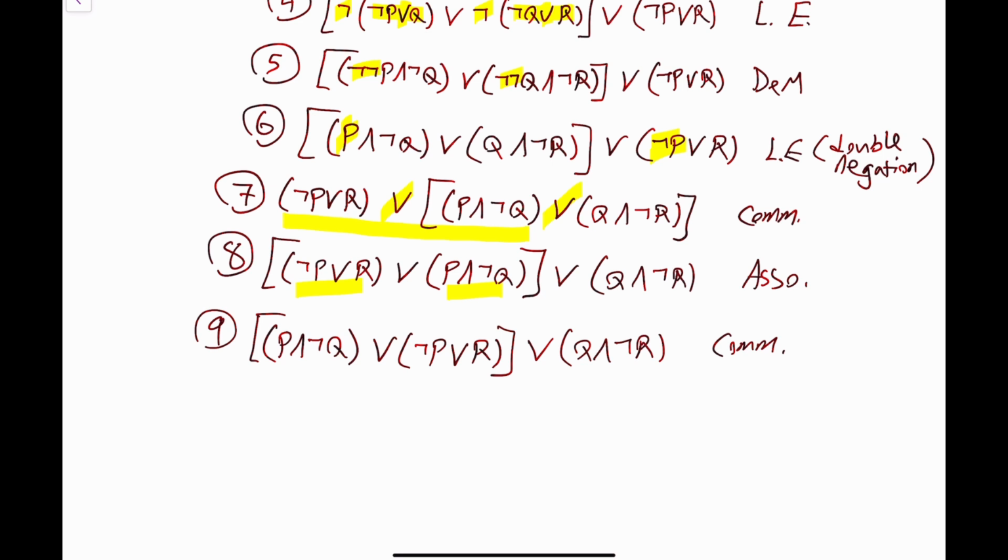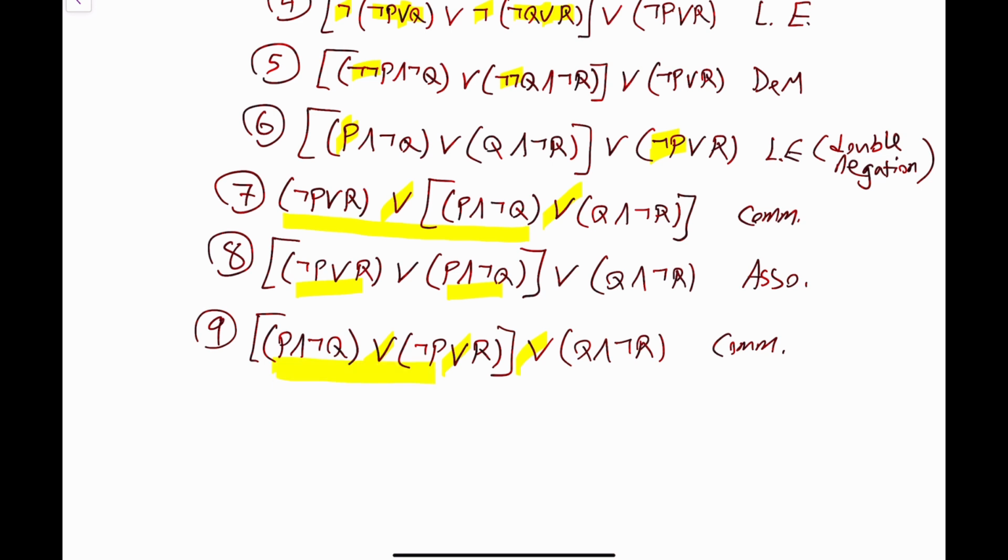And for 10, I want to do another reassociation here. Because, in fact, I wanted here to be a disjunction, here to be a disjunction, and here to be a disjunction. Because I want to group these guys right here.